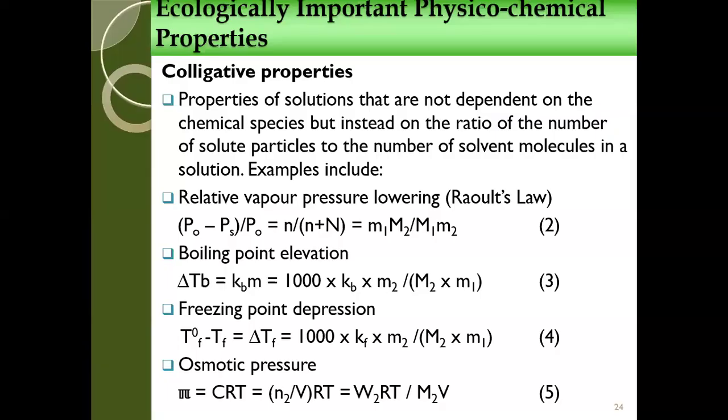And here, the change in freezing point depression is given as delta TF, just like in the slide. Delta TF is equal to KF times small m.